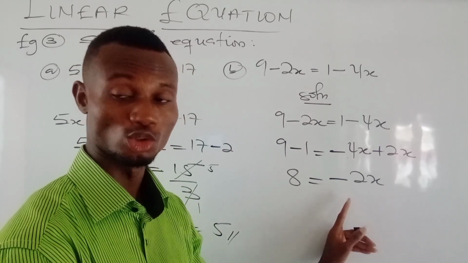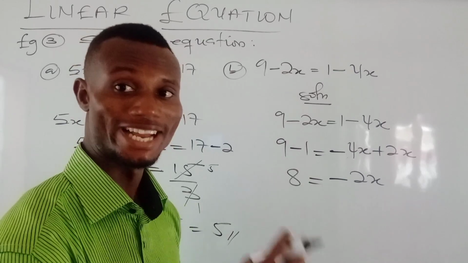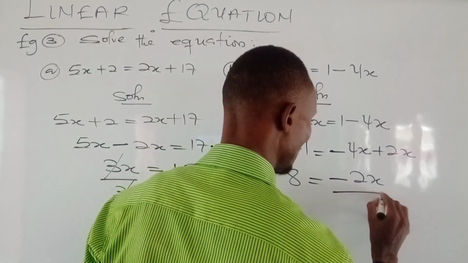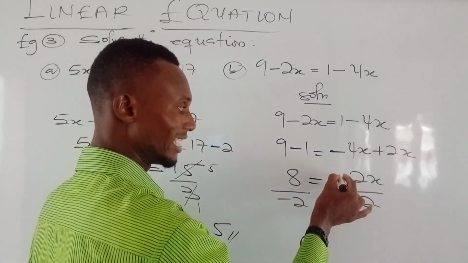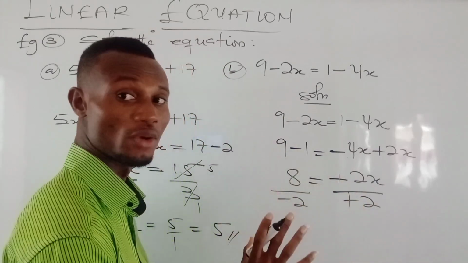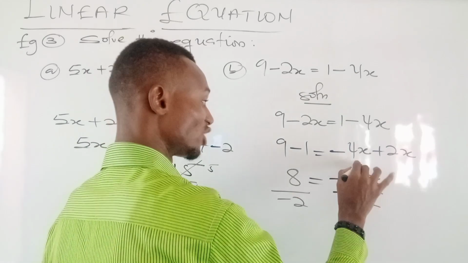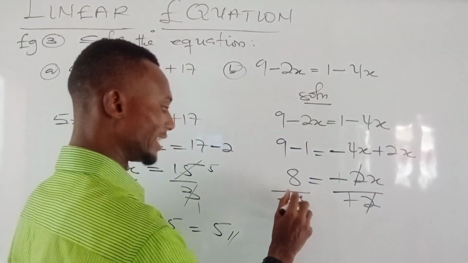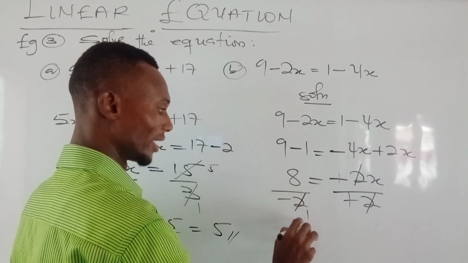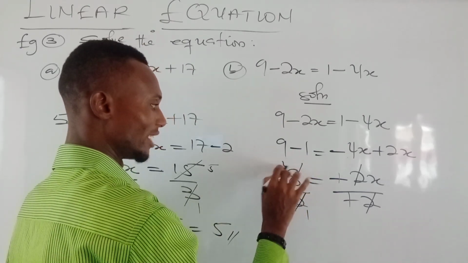So you divide through by minus 2. So I'll divide here by minus 2 and here also by minus 2, so that this minus and this minus will cancel away first. Then this 2 and this 2 will also cancel away. When I come here, 2 goes here 1, and 2 goes here 4.